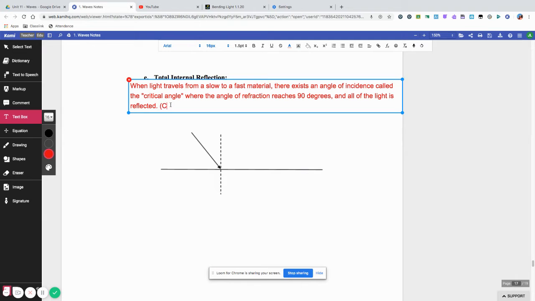And this is called total internal reflection.